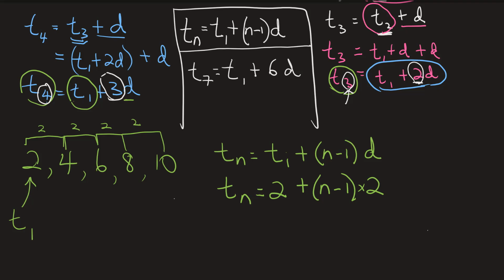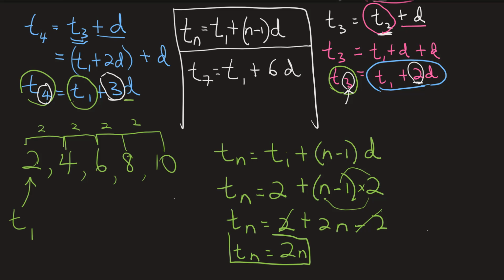So let's simplify this equation. Tn is equal to 2 plus, so we multiply that by n, 2n, and then 2 by negative 1, which is minus 2. This 2 and this negative 2 cancel each other, so I end up with Tn is equal to 2 multiplied by n.